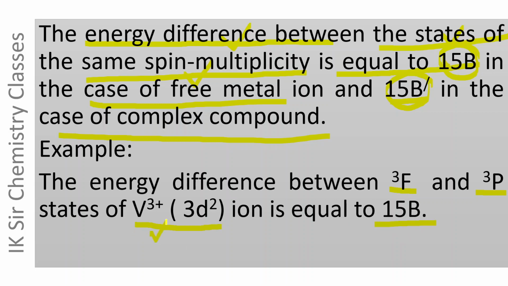Vanadium 3+ electronic configuration 3d2, ground state triplet F, excited state triplet P. These two spectroscopic states have the same spin multiplicity, that is 3, and the energy difference between these two spectroscopic states having the same spin multiplicity will be equal to 15B in the case of free vanadium 3+ ion.